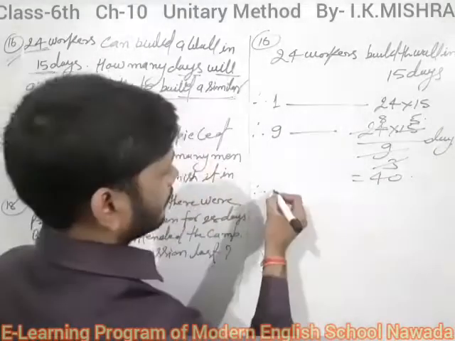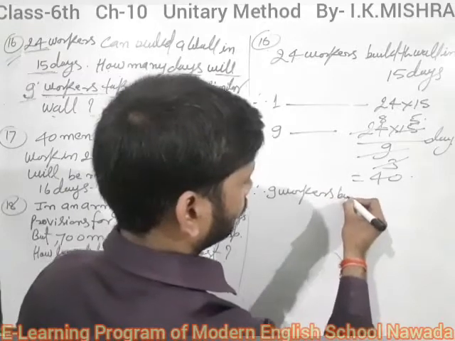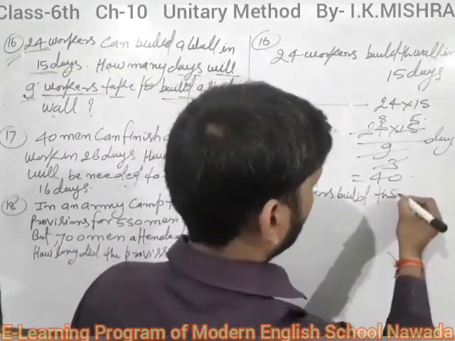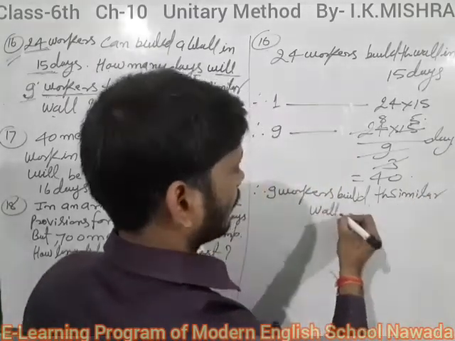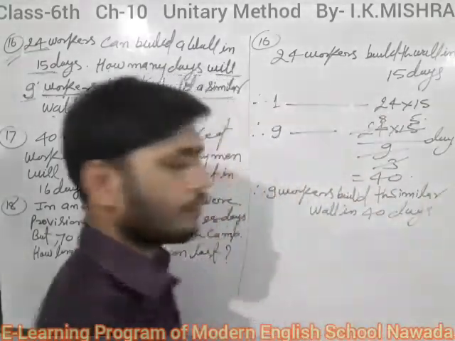So students, here 9 workers will build the similar wall in 40 days. Clear friends?